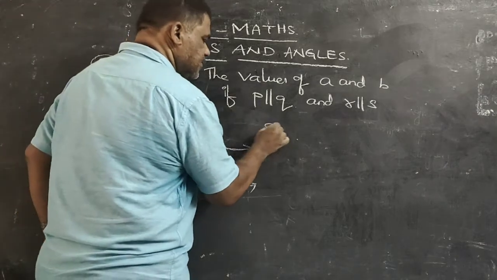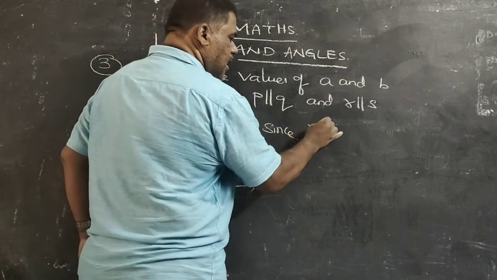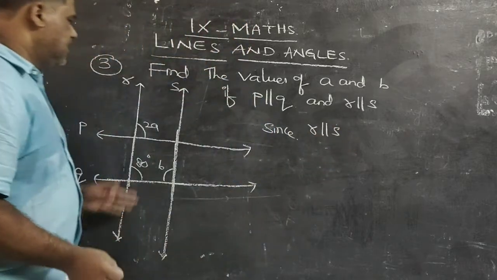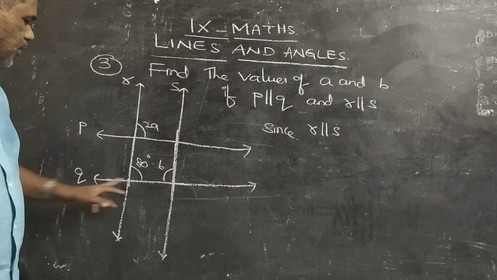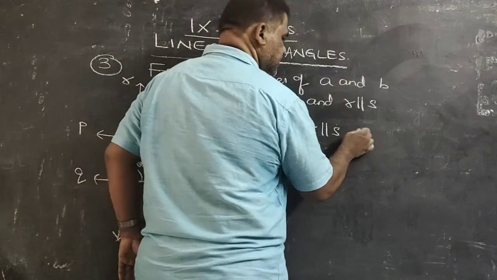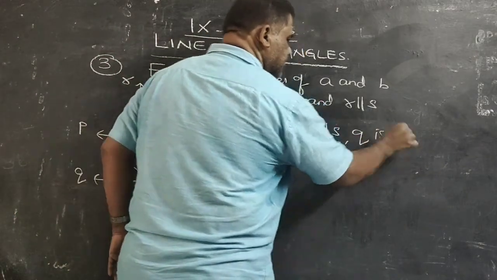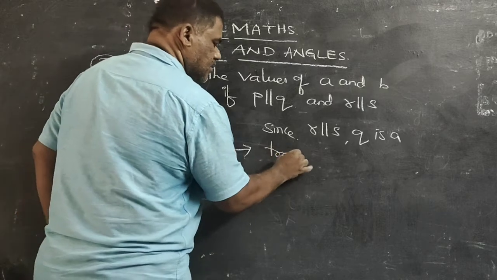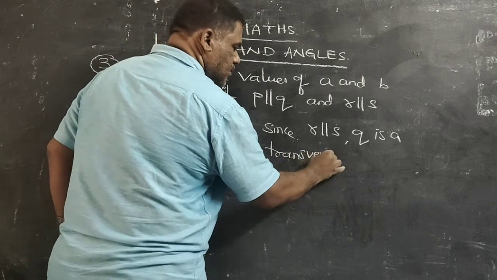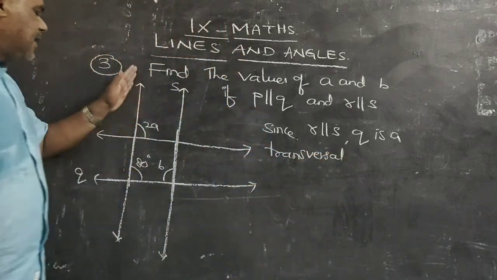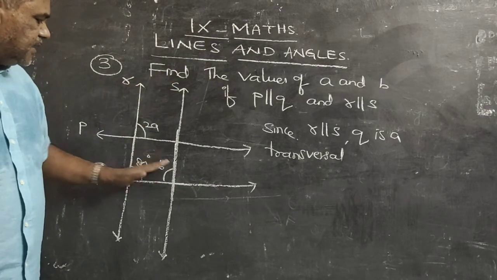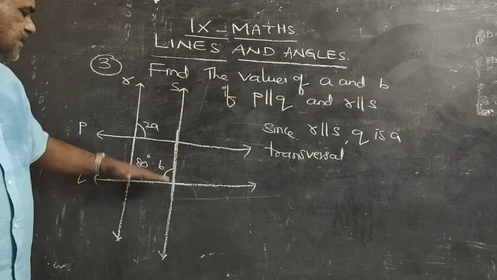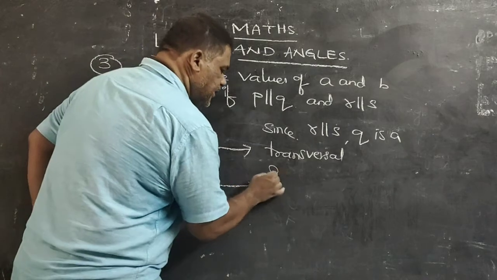So since R is parallel to S, this is the transversal, Q is the transversal. These two angles are called interior angles on the same side of the transversal. So they are supplementary.